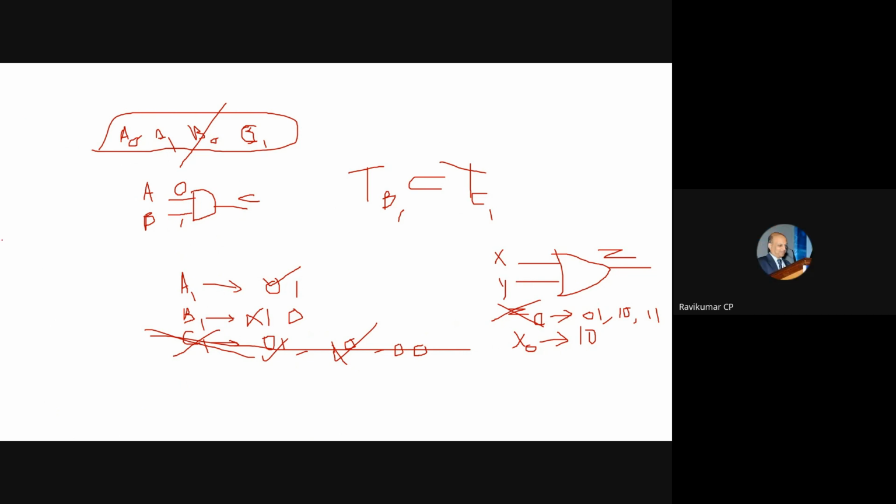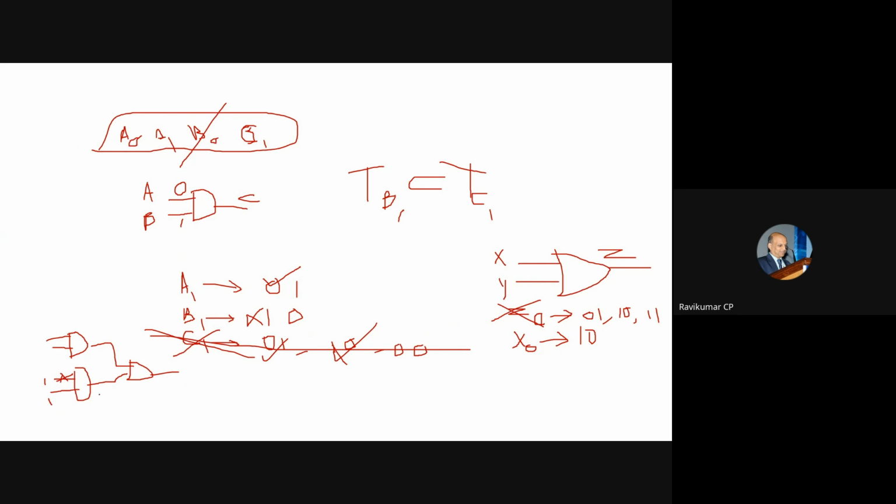Suppose I am looking for a fault here, let us say a stuck-at-0 fault here. To activate it, I'll put a 1. To propagate it, I'll put a 1.